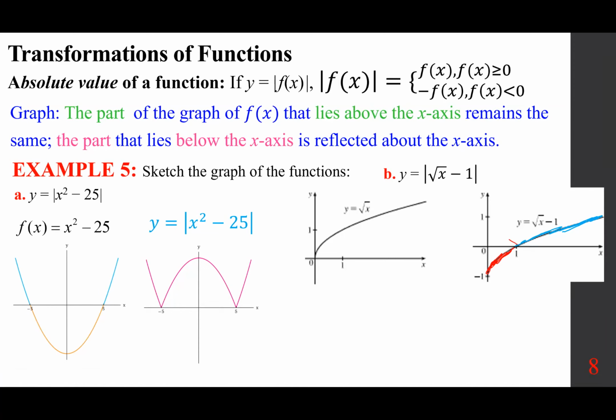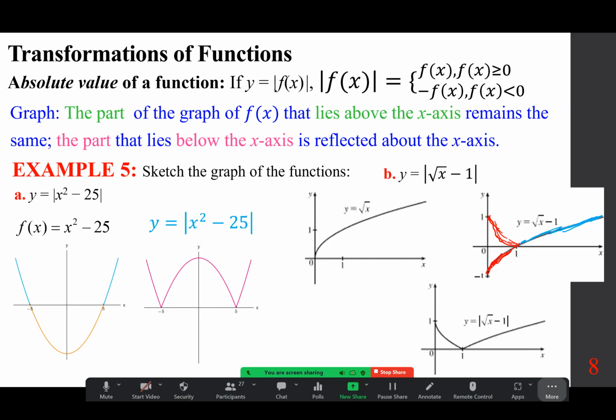It becomes something like this. That would be the graph. So the blue part remains unchanged. The red part flips over. That's how you graph an absolute value function.